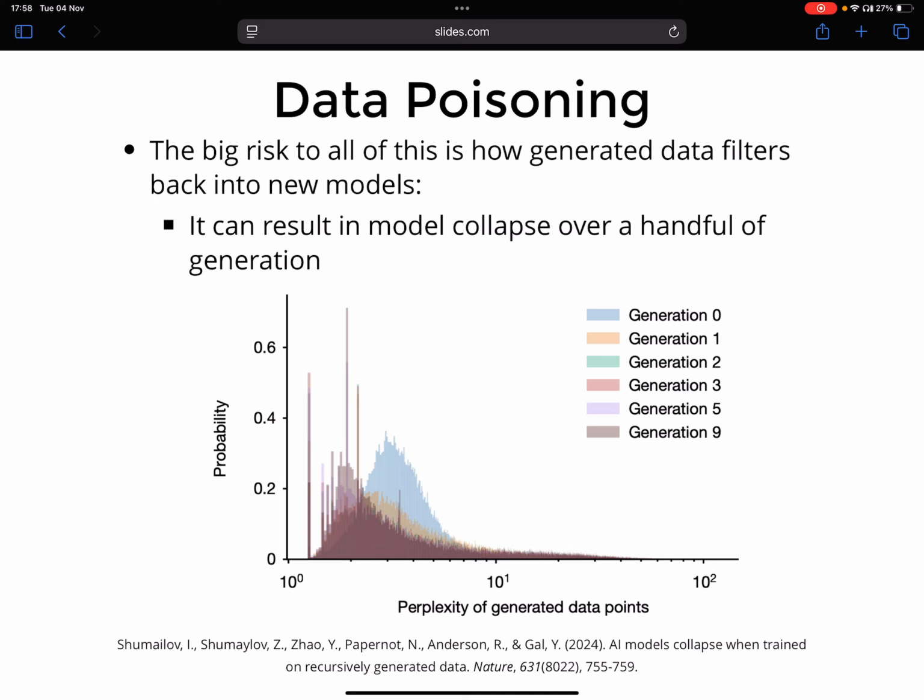And again, perplexity in this case is a measure of variability. It's a measure of actual information richness. And again, this paper, I don't think it was super conclusive because these distributions were shifting slowly. But you can see very clearly that generation zero has this nice kind of Zipfian-ish distribution over here.